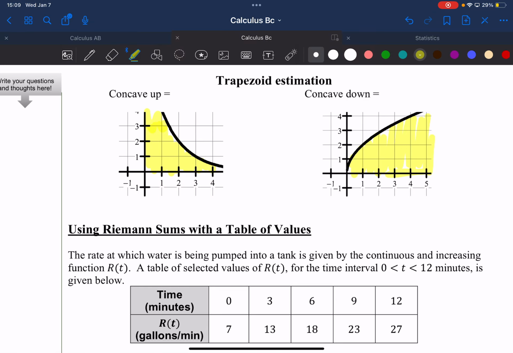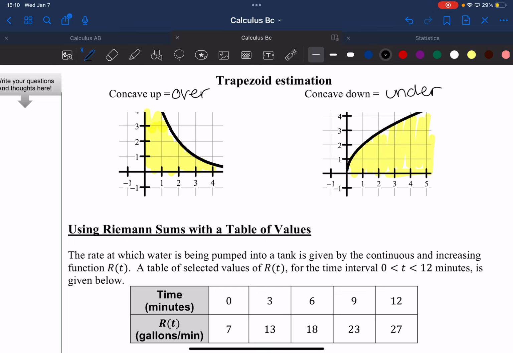Okay, so in this one it's talking about the trapezoid estimation. And so when we have concavity, if it's concave up, then using the trapezoid method is going to give us an overapproximation or an overestimate versus concave down, which is going to be an underestimate.